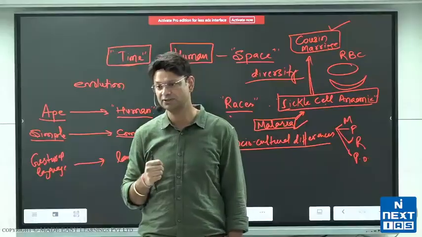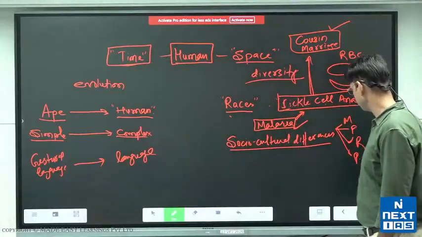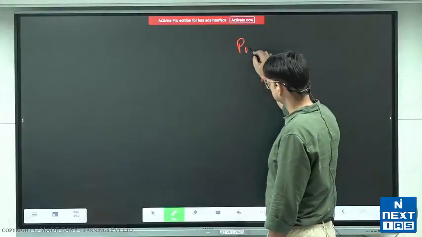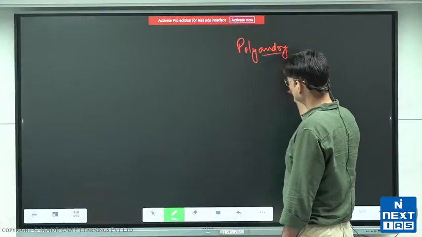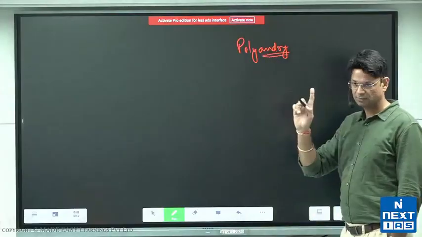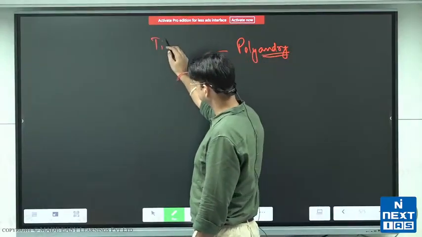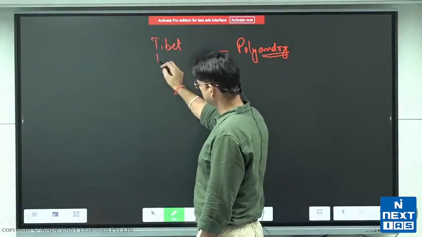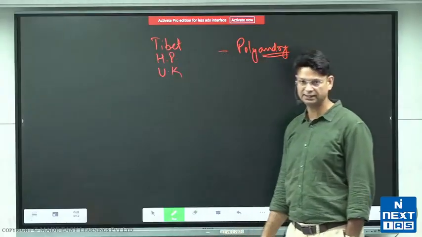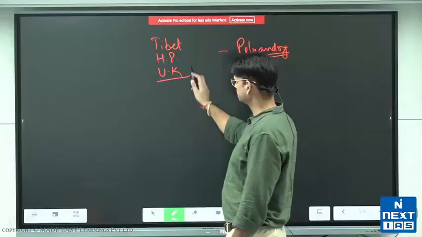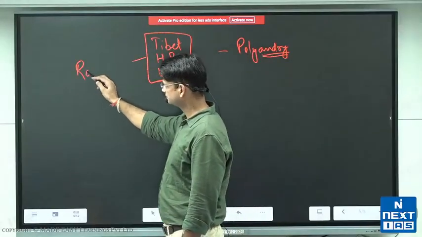Why do societies prefer it, then? See, when we talk about why polyandry, that means one wife, multiple husbands, and it is found in Tibet. It is found in Himachal Pradesh, Uttarakhand, these hilly areas. So in hilly areas, rocky land is there.